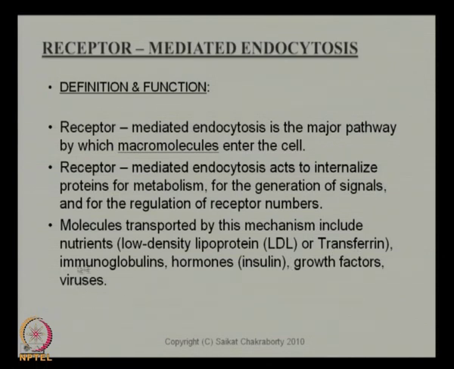Okay. So, this is the immune system part, and then these nutrients are all important for the growth and metabolism in the body, the LDL, the insulin and so on. The example that we will take in this chapter is LDL, low density lipoprotein.